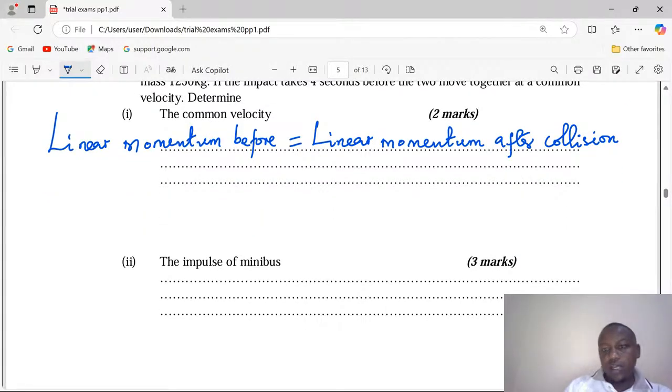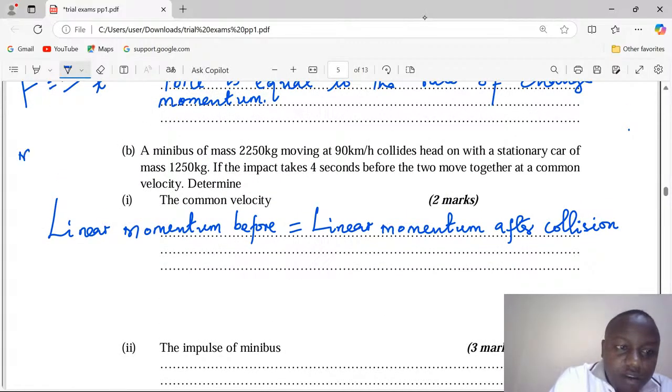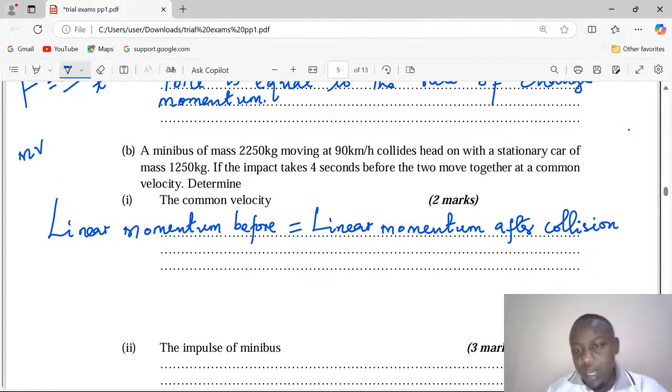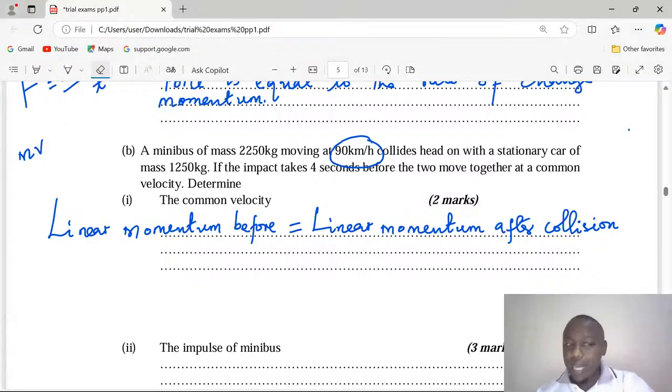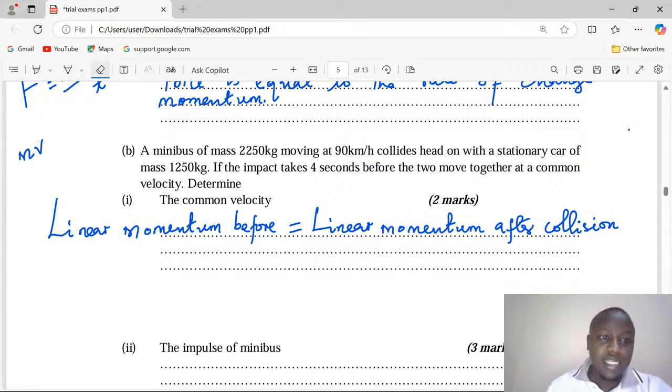It's usually conserved. How do we get linear momentum? Generally, momentum is given by mass times velocity. Something we're supposed to know is that we should work with SI units. So the 90 kilometers per hour should be converted to meters per second.